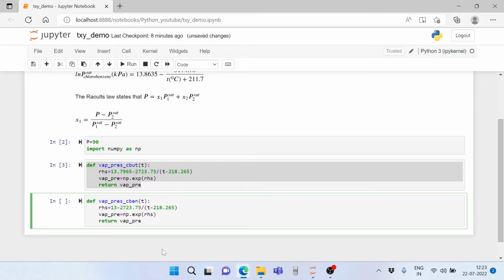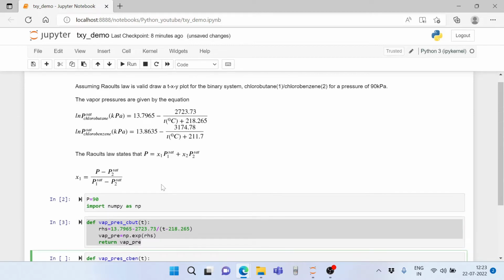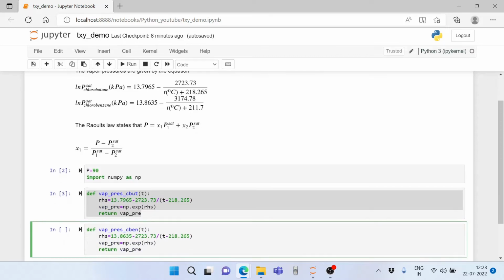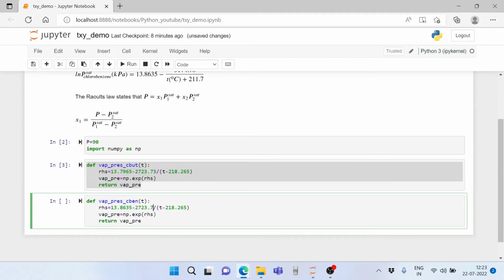So A is now going to be 13.8635, B is going to be 3174.78, and C is going to be equal to 211.7.